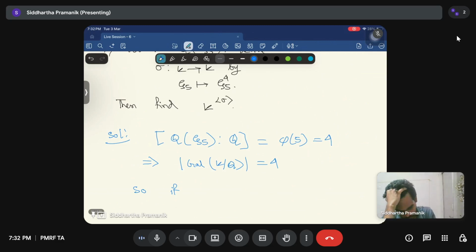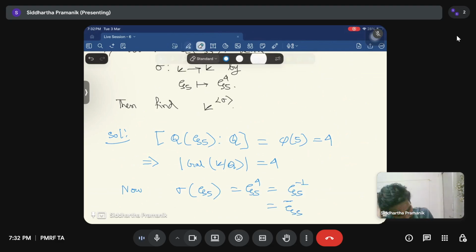Okay, so what is the automorphism? Let's focus on that. So sigma of zeta 5 is zeta 5 to the power 4, right? So this is basically the inverse of zeta 5, or we can write it as the conjugate map, and we already know the order of the conjugate map.